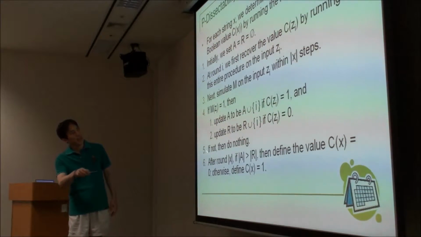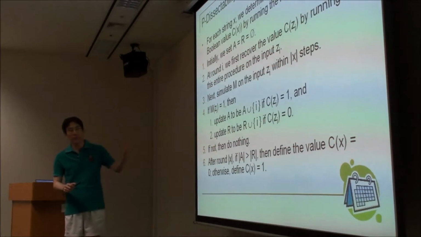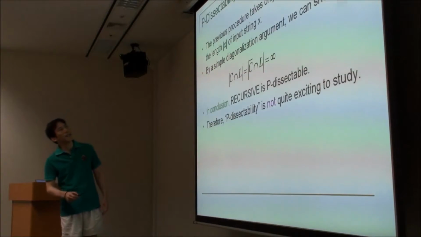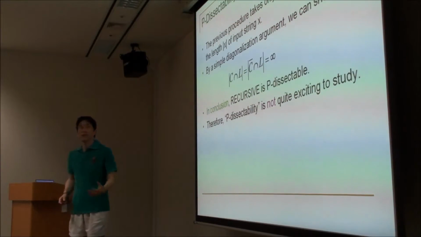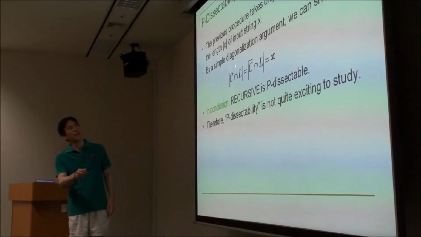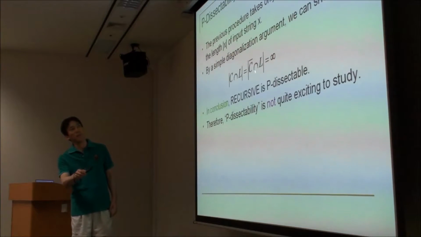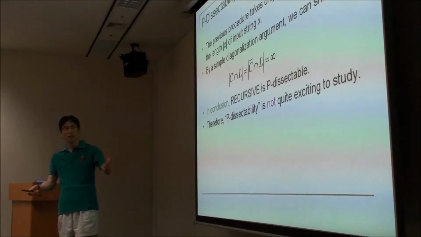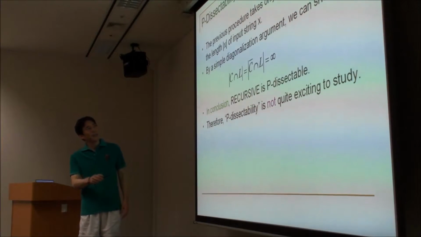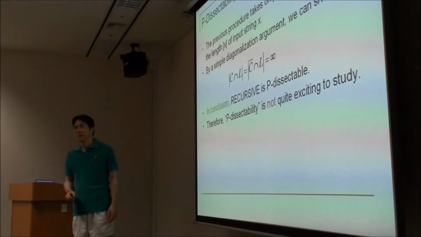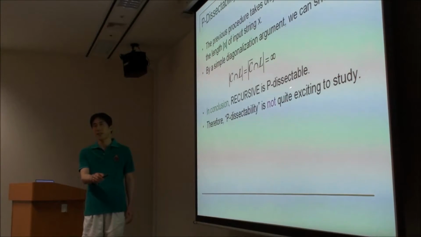I'm not going into detail, but using a simple diagonalization argument, we can show that C intersect L and C complement intersect L, the two portions, are actually infinite. So in conclusion, every recursive language is P-dissectable.